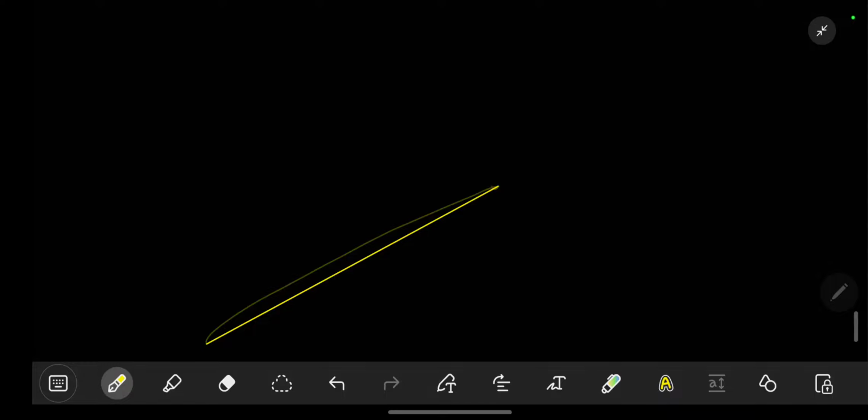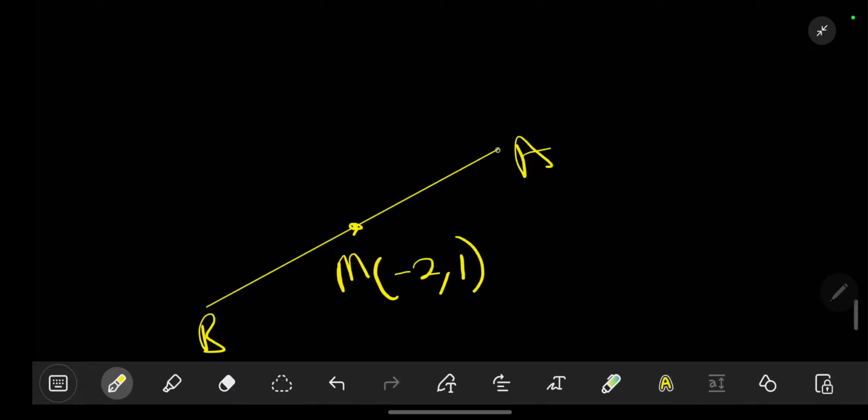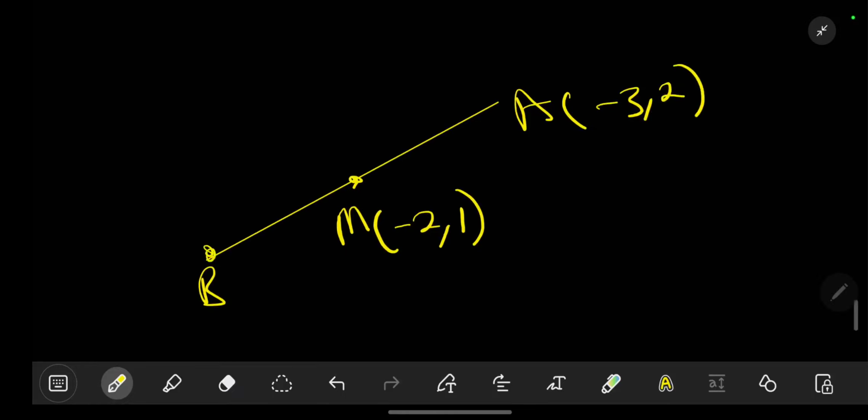Let me just draw it there. We have A, we have B. Then they have provided us with the midpoint coordinates, which are negative 2, 1. We also have the coordinates of A, which are negative 3, 2. We need to find B.